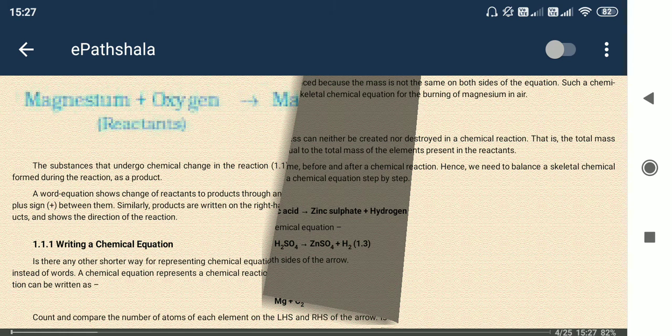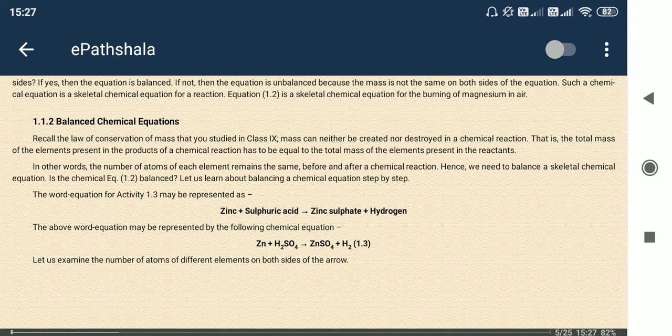See another thing, the next one is balancing. Balancing means the number of atoms of each element on the left side should be exactly the same as the number of atoms of that element on the right side. Like here, zinc and sulfuric acid are reacting, so on the left side the reactants are zinc and sulfuric acid, H2SO4.